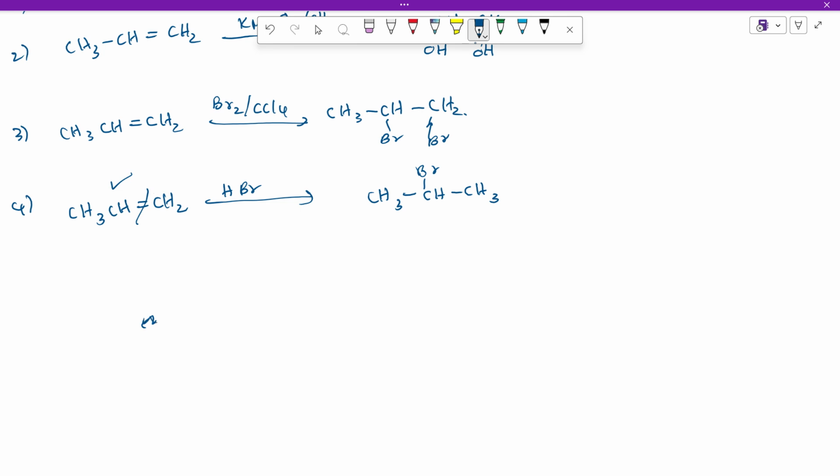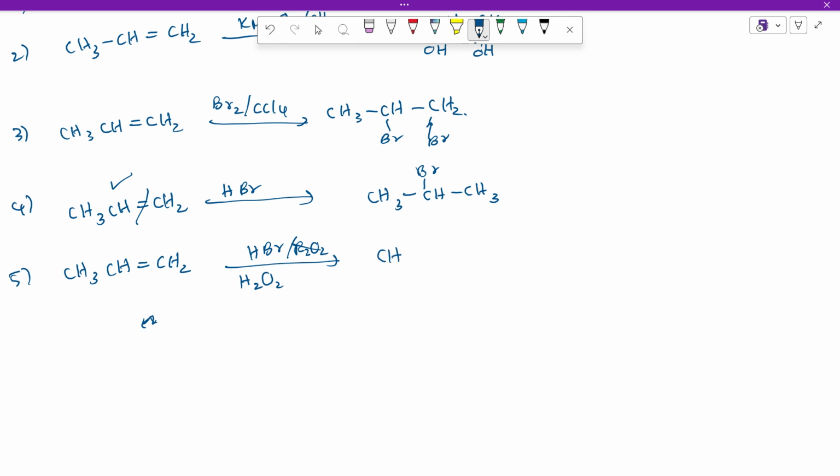Next one, I know you'll be able to do this alone. The alkene is given, and now you are given HBr with peroxide, R2O2. The type of peroxide used here, I have given as hydrogen peroxide.